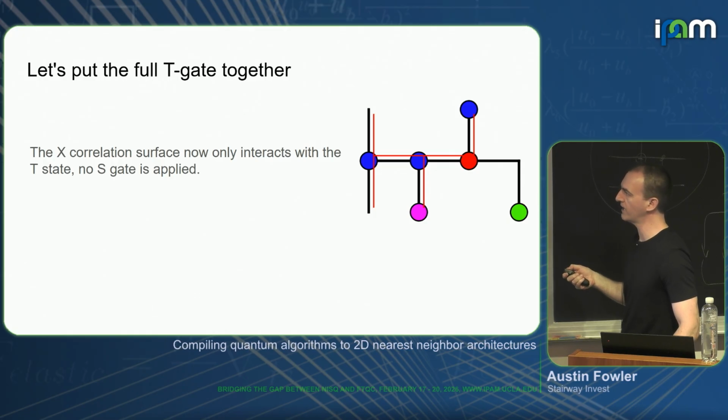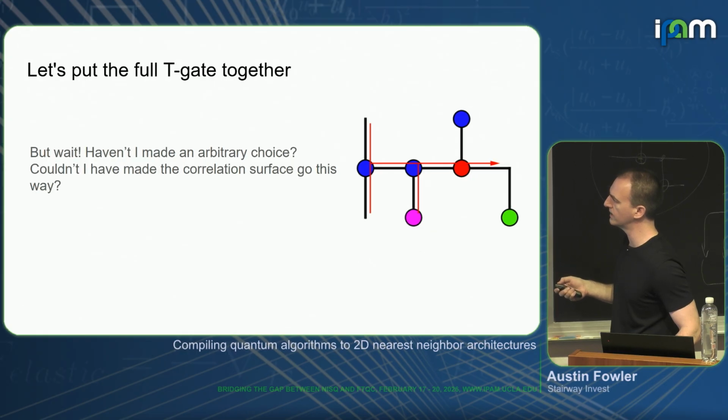So when we put a blue node here, which equates to an X basis logical measurement, this is what dominates the choice. And you might sit there and say, hang on, this is same color red, couldn't I have gone this way?